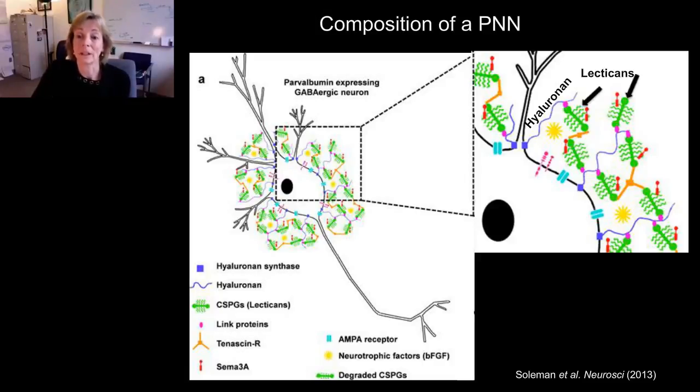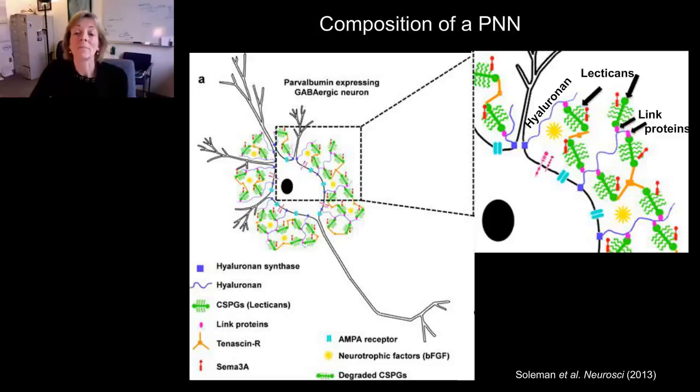Second is the lecticans, and these are also referred to as chondroitin sulfate proteoglycans. There's a core protein shown in green here, and then the heavily glycosylated groups, and those glycosyl groups have sulfate groups on them. So this is chondroitin sulfate proteoglycans.